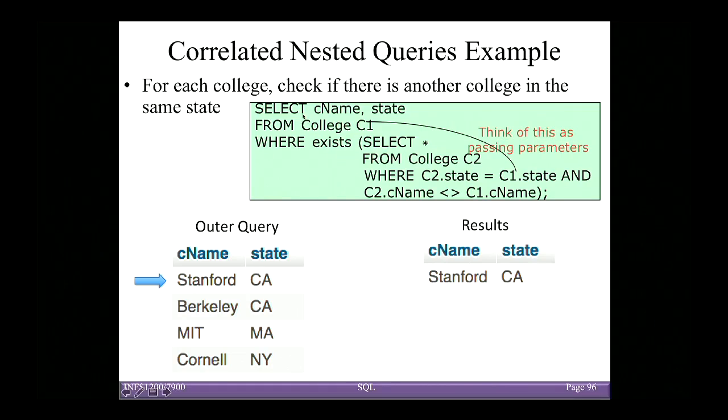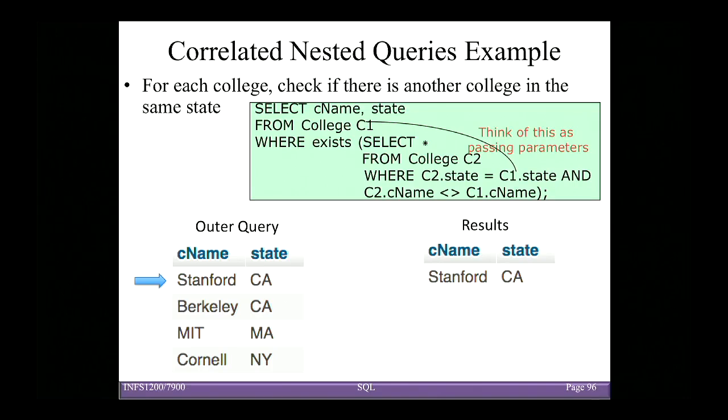But I'm looking for college C1 where exists another college C2 where C2.state equals C1.state, and the names of the two are different. Right? So I'm finding another college in the same state where the names of the two are different, and those are the things I want to return.